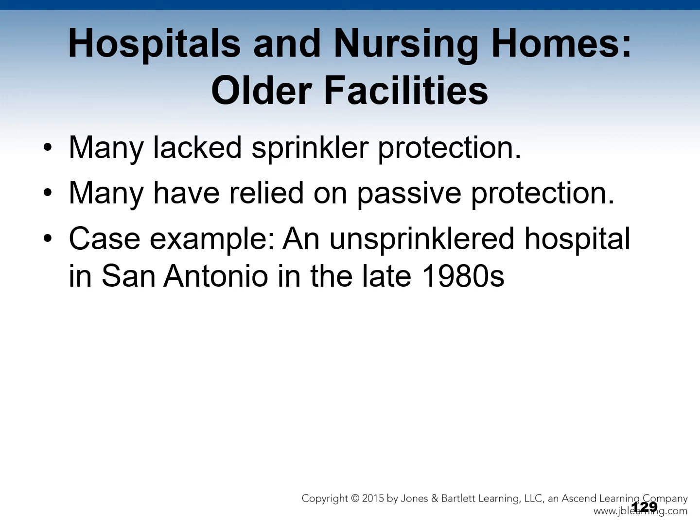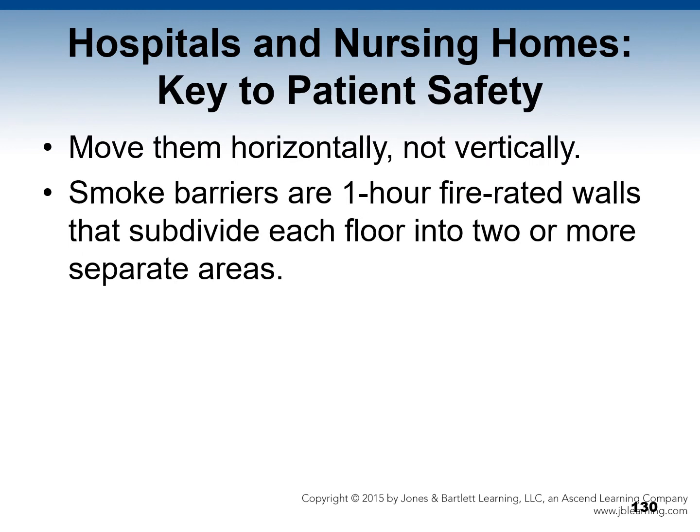One example is an unsprinklered hospital in San Antonio in the late 1980s. The fire doors held the fire in check until firefighters extinguished the fire. One key to patient safety is to move them horizontally rather than vertically. Smoke barriers are 1-hour fire-rated walls that subdivide each floor into 2 or more separate areas.